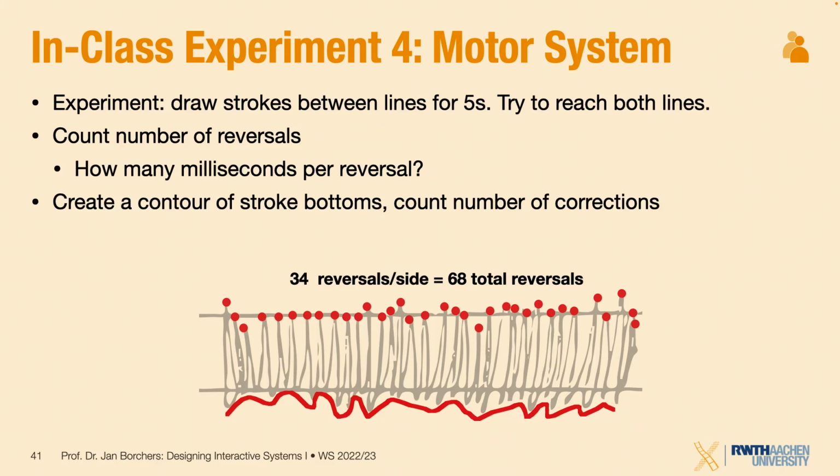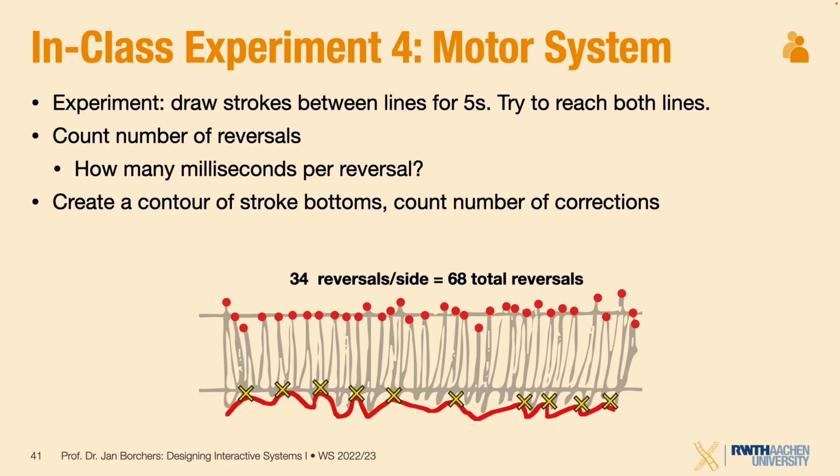And again, I want you to then count the number of those corrections too. So now the yellow crosses here show how often this red line actually has an upper turning point. How often does it change direction on the top?